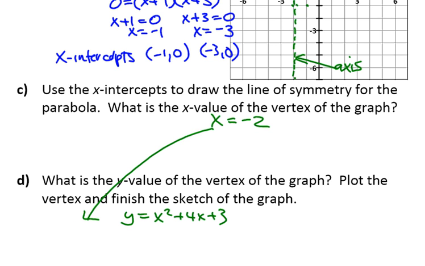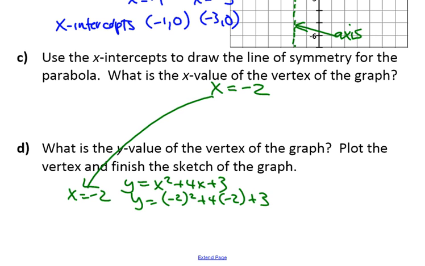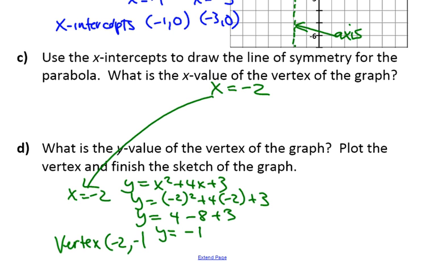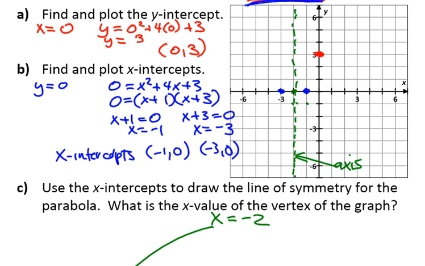And if x is equal to -2, then y is going to be equal to -2 squared plus 4 times -2 plus 3. So y is going to be equal to 4 minus 8 plus 3. So -4 plus 3 is -1. So my vertex then is going to be -2, -1. And I'm going to plot that up here. So -2, -1, which is right there.